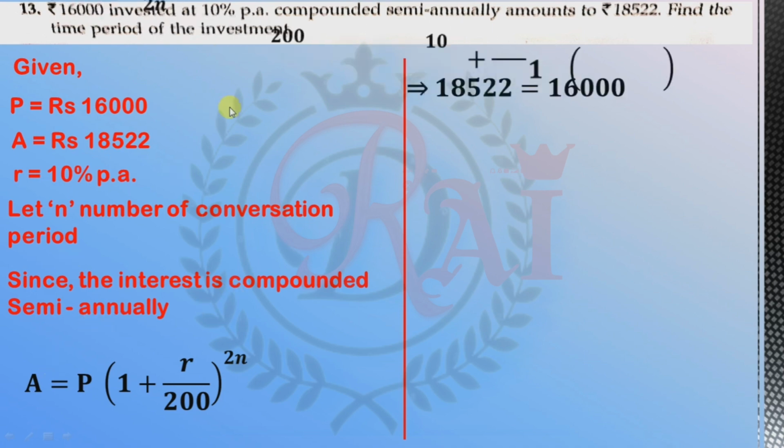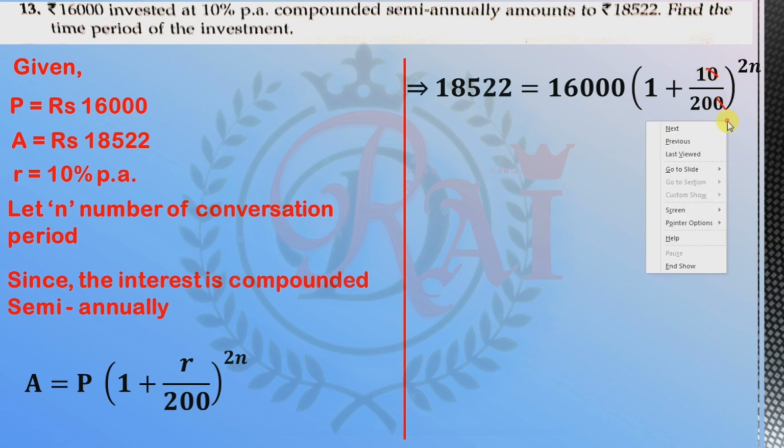So now A is replaced by 18,522 is equal to, your P is replaced by 16,000, 1 plus your R is replaced by 10 divided by 200 raised to the power 2n. Now we'll do a cancellation. This 0 and this 0 will get cancelled.